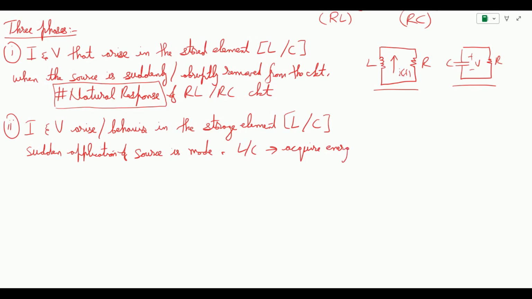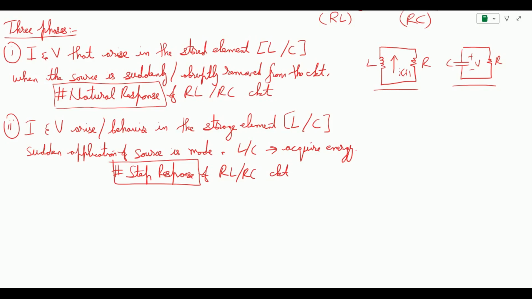So in this context, this kind of formation will be known as the step response of the RL or RC circuit. So this is going to be the step response of the system.